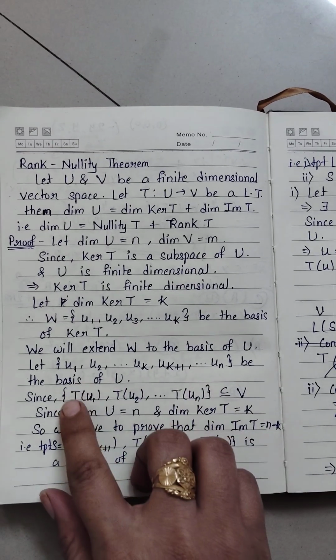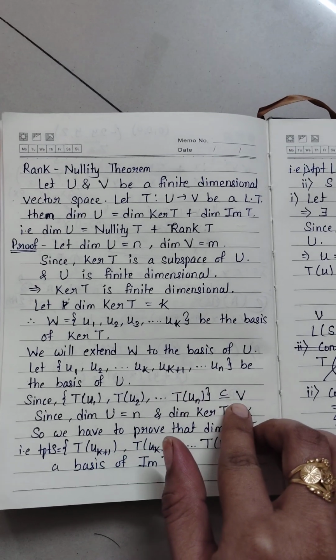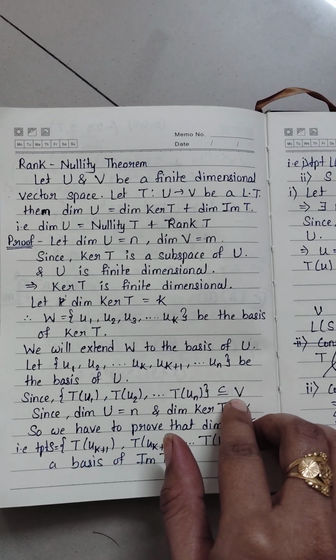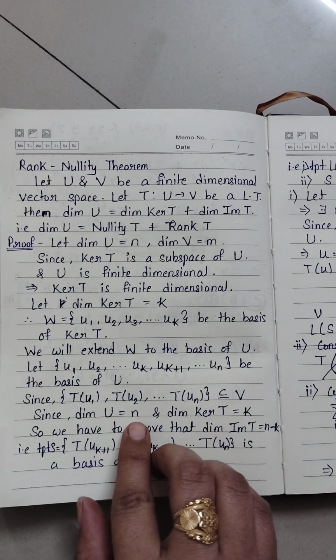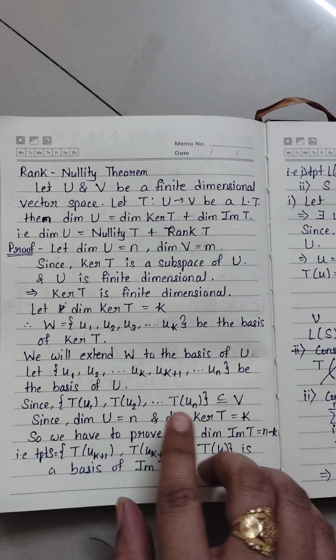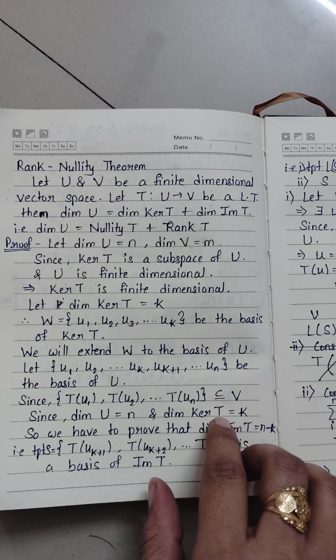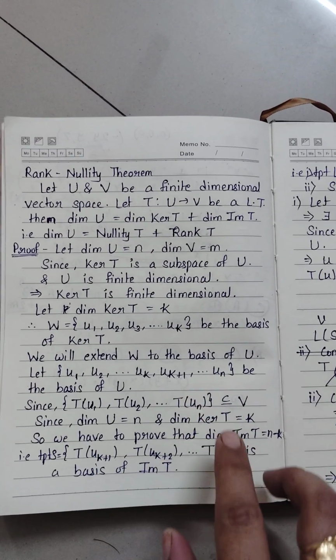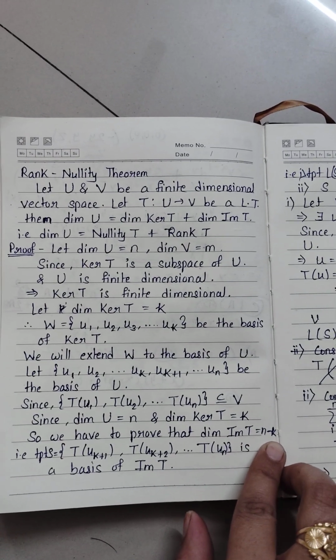All these elements are nothing but a subset of our codomain V. Now we know the dimension of our domain is n and the dimension of the kernel is k. So now we are going to prove that the dimension of the image of T is n minus k.